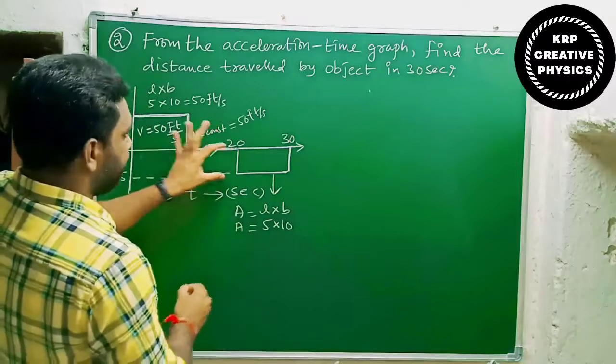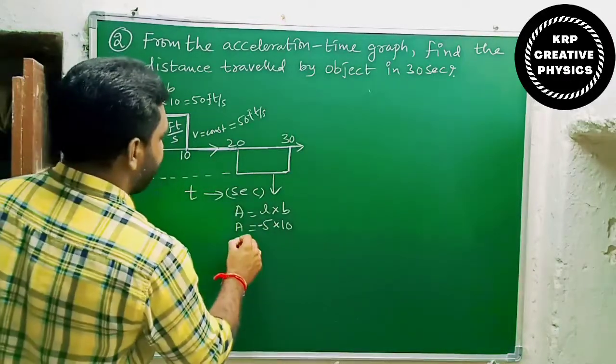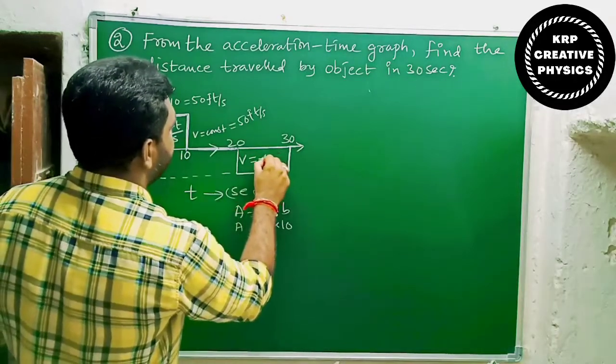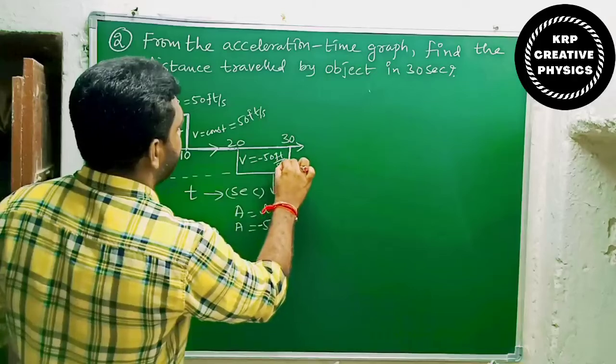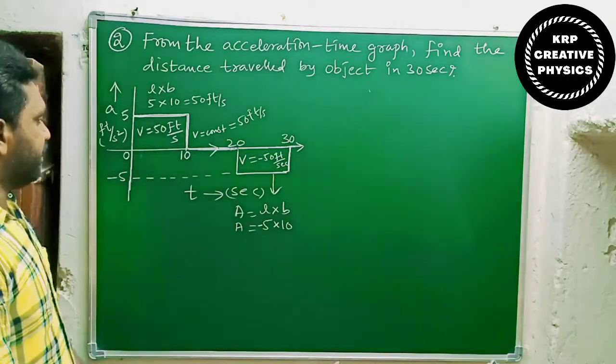But here it is minus 5, negative. So minus 5 into 10 gives minus 50. So in this part velocity is minus 50 feet per second, in units of feet. So we got velocity with respect to time.